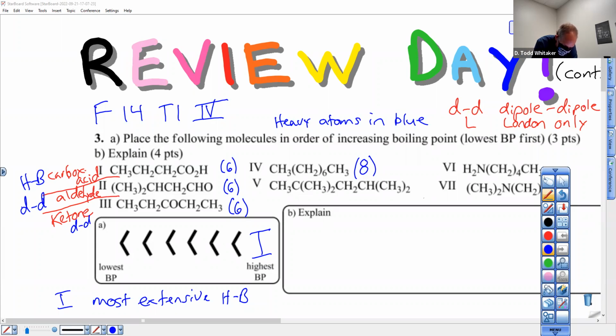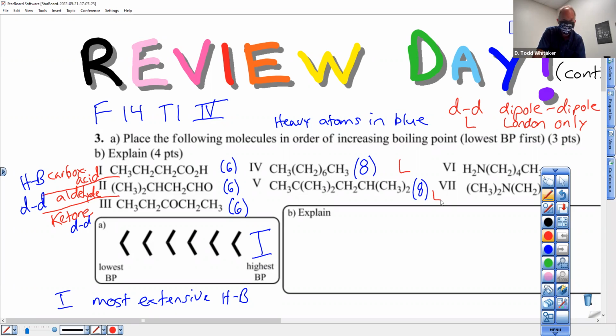Now, just between these two, IV and V, same intermolecular forces, correct? Just London only, just L? L, L. This is the only time you look at branching. They must have, first, same intermolecular forces. Second, same approximate mass.